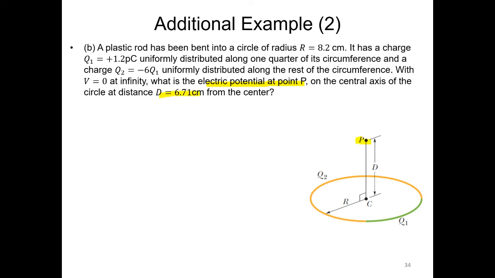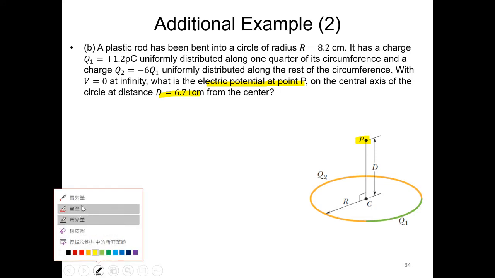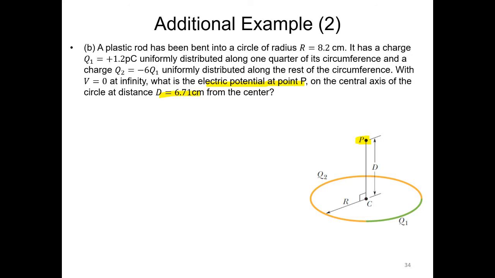So we consider the electric potential at this point rather than the center, but actually this is nothing but you draw a perpendicular line with respect to this circle, and then it has a distance capital D. So here this is R. So R is nothing but the square root of D squared plus R squared.